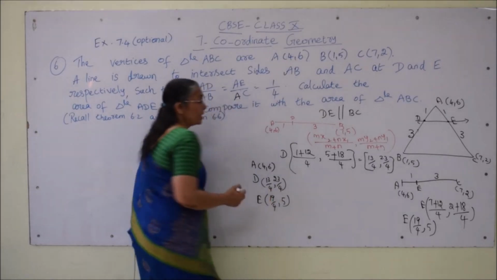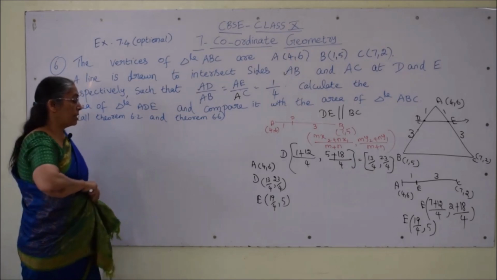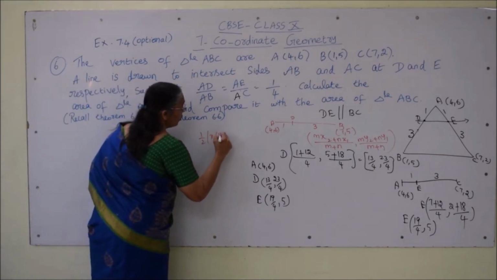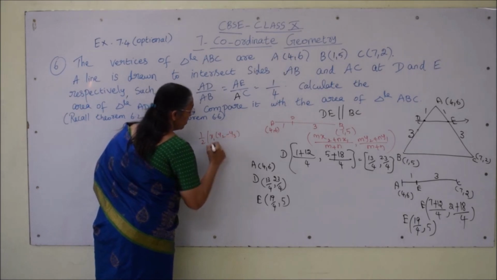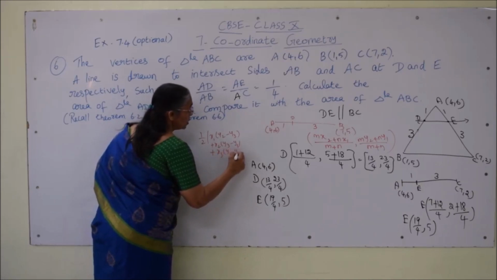Now area of triangle, you know area of triangle formula is nothing but half mod x1 of y2 minus y3 plus x2 of y3 minus y1 plus x3 of y1 minus y2.